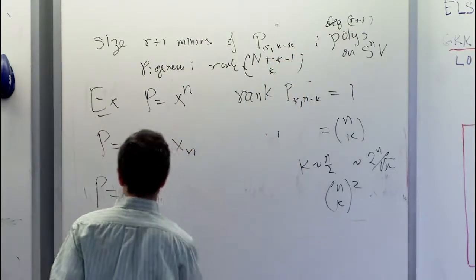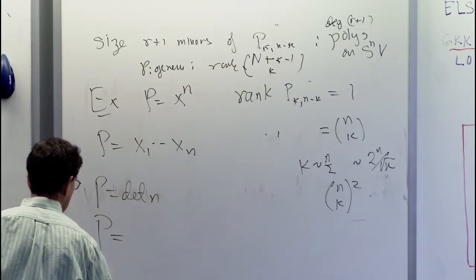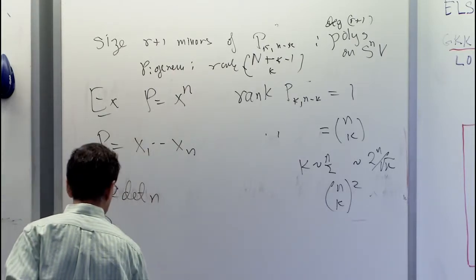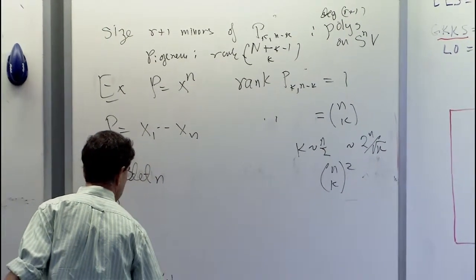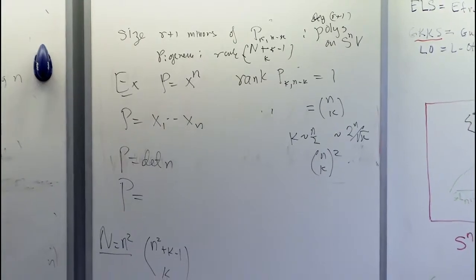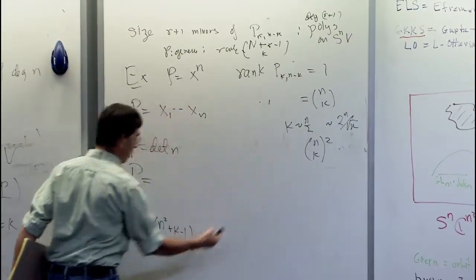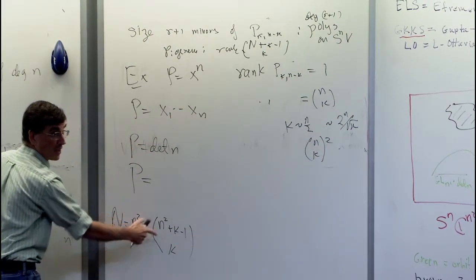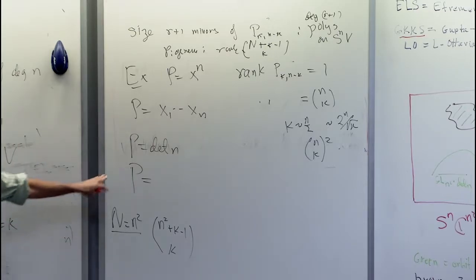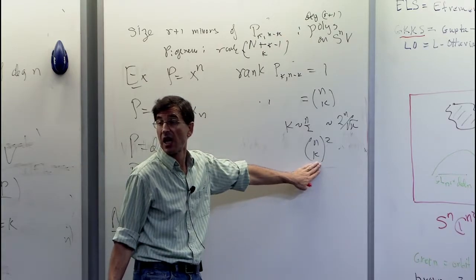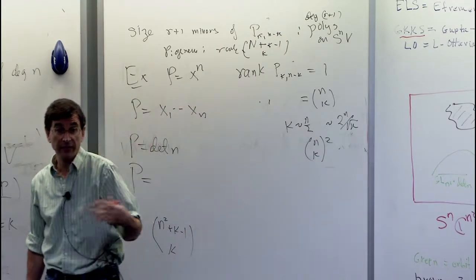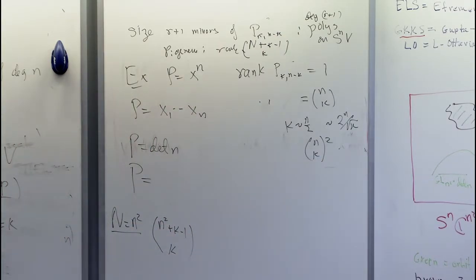So if N is equal to n squared, then that number would be n squared plus k minus 1 choose k. And when p is the determinant, this number is quite a bit smaller than this number. The determinant is pathological. What is the image of the map? It's just the minors of size k, because when you take derivatives of the determinant of a matrix, you have the Laplace expansion.